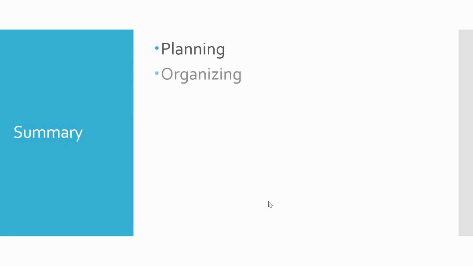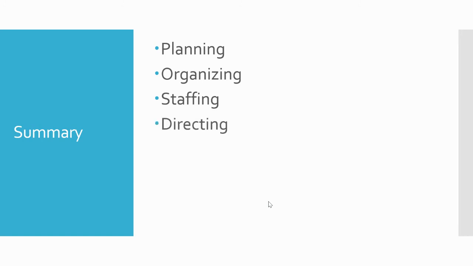Let's summarize what we have learned in this tutorial. We have learned planning, which is a very basic and fundamental function in all activities. Before we start any activity, we have to plan ahead. Planning gives us the direction: where we are going to go and how we are going to go.